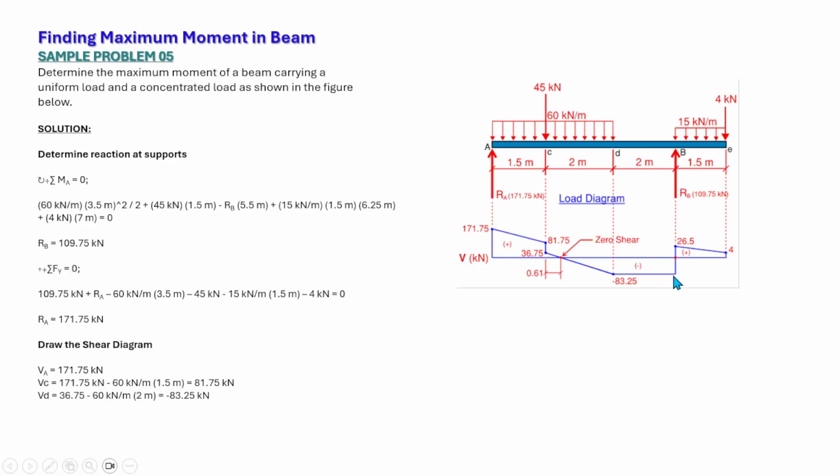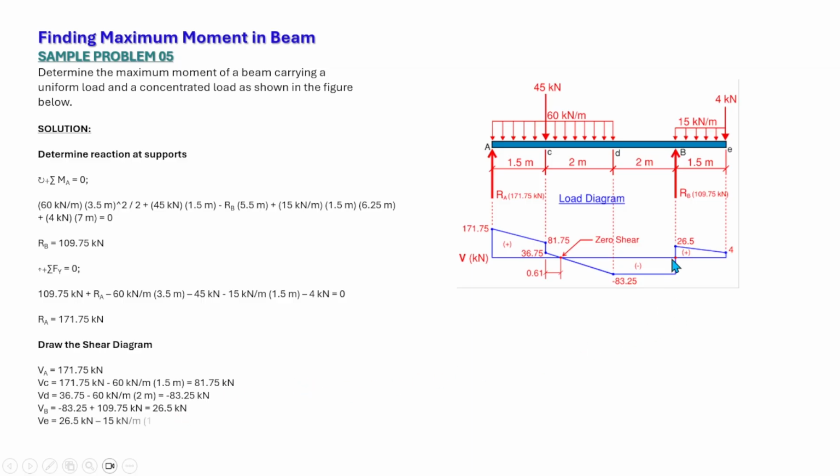That is zero slope between D and B. Now, to calculate the shear at B, that is equal to negative 83.25 plus the reaction at point B, which is 109.75, and that is equal to positive 26.5 kilonewtons.